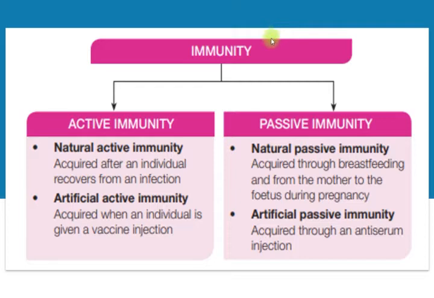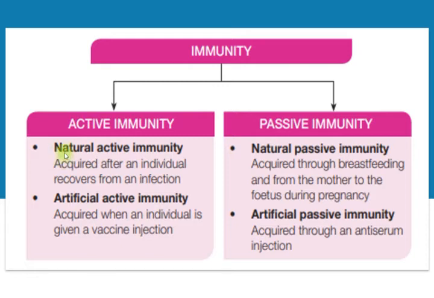Alright, let's take a look at the diagram here. Immunity can be divided into two types, active immunity and passive immunity. Active immunity is divided into two: natural active immunity and artificial active immunity.